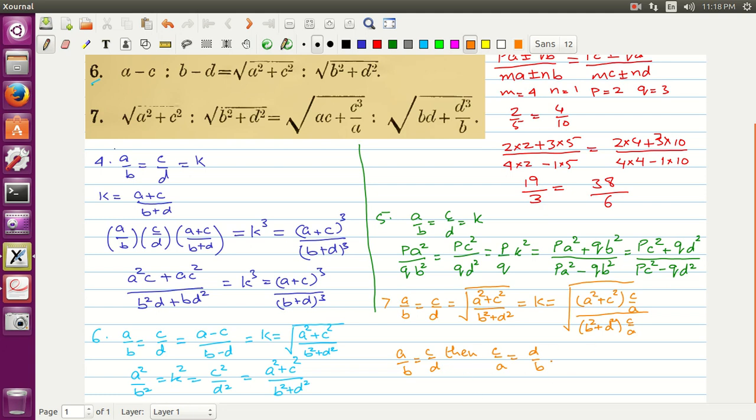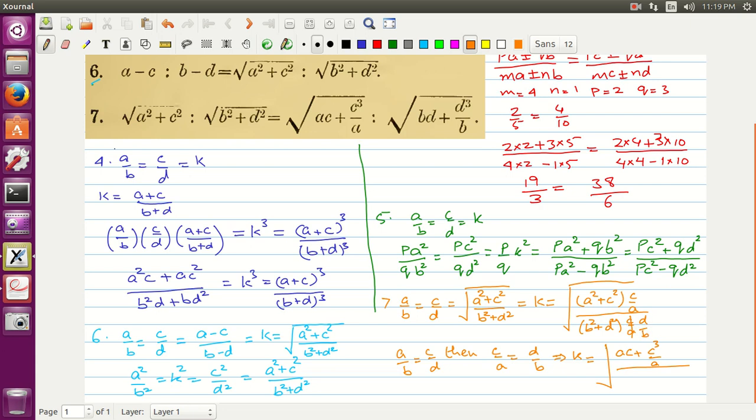Okay, so what it means is, this implies that K is equal to, you multiply A square by C by A, you get AC, plus you get C cube by A, okay, divided by, now instead of C by A here we can replace it by D by B.